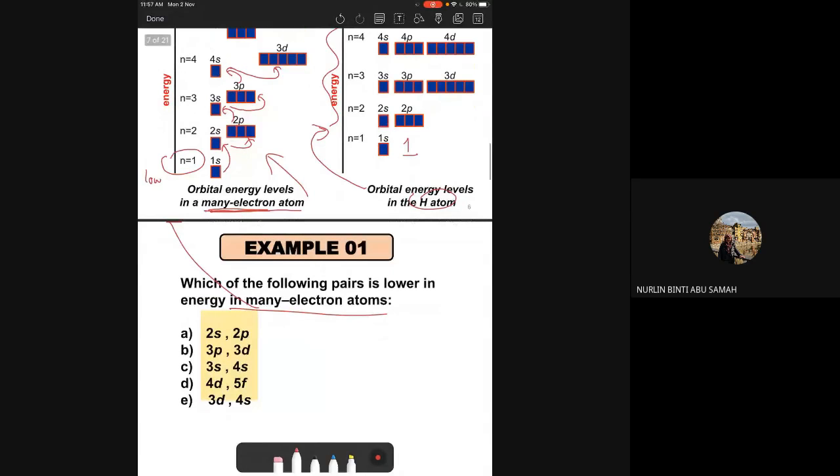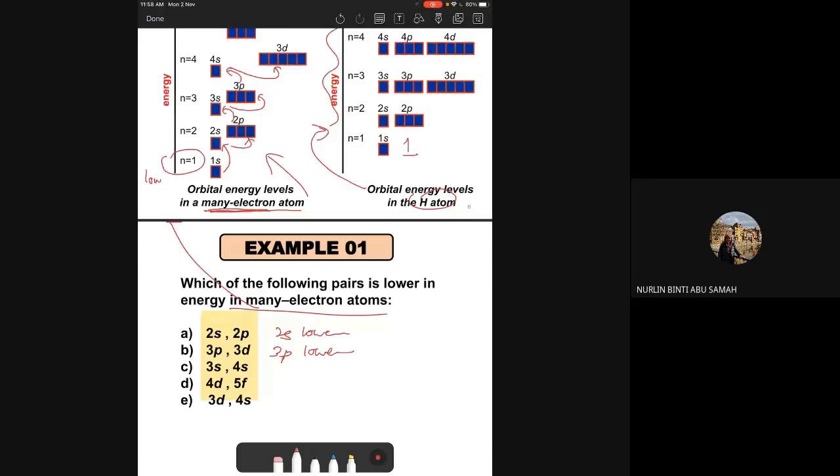Dua S atau 2P yang lebih rendah? Of course, 2S kan? 2S lower. Okay. Then, kalau 3P dengan 3D, 3P lower. Dan seterusnya. Okay?